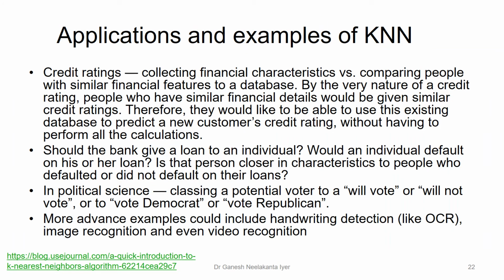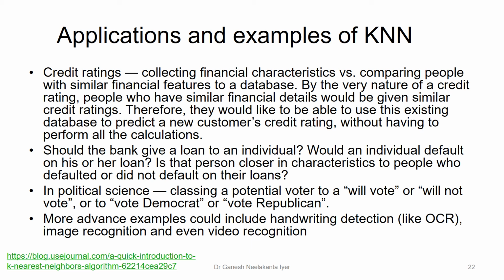Applications and examples of KNN. For example, credit ratings: collecting financial characteristics and comparing people with similar financial features to a database. By the very nature of credit rating, people who have similar financial details would be given similar credit ratings, isn't it? So they would like to be able to use the existing database to predict a new user's credit rating without having to perform all the calculations.